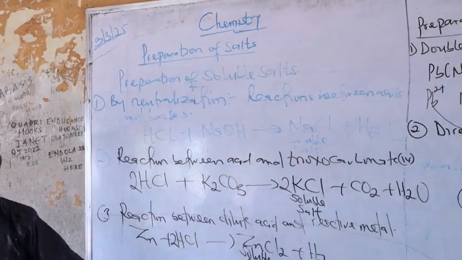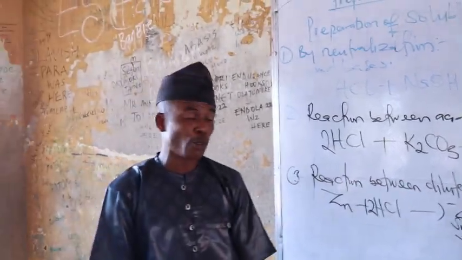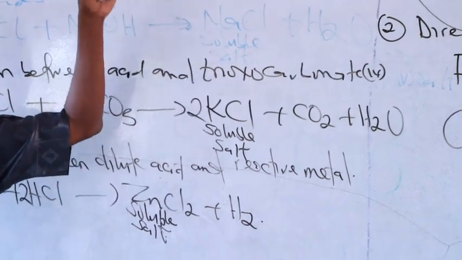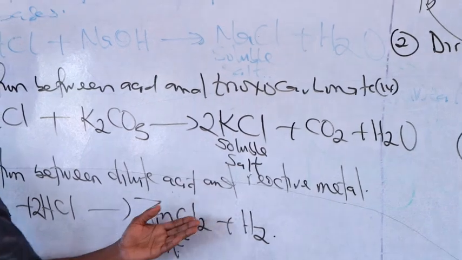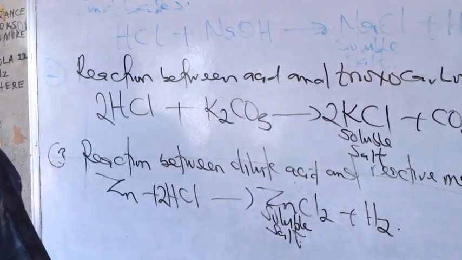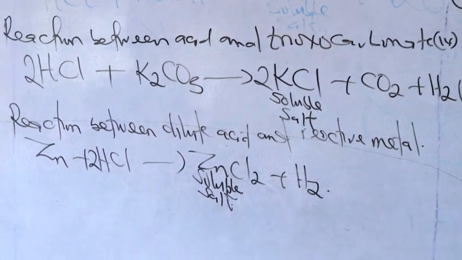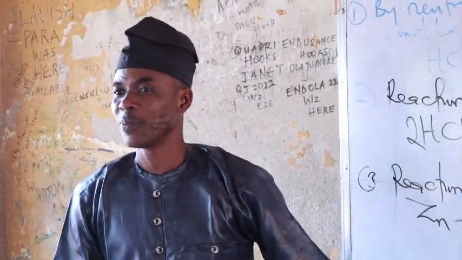Then reaction between dilute acid and active metal. So it is very important for you to write reactive metals, because not all metals will react with acid to give us salt and hydrogen gas. Can anybody tell me the metal that will not react with dilute acid to liberate hydrogen?